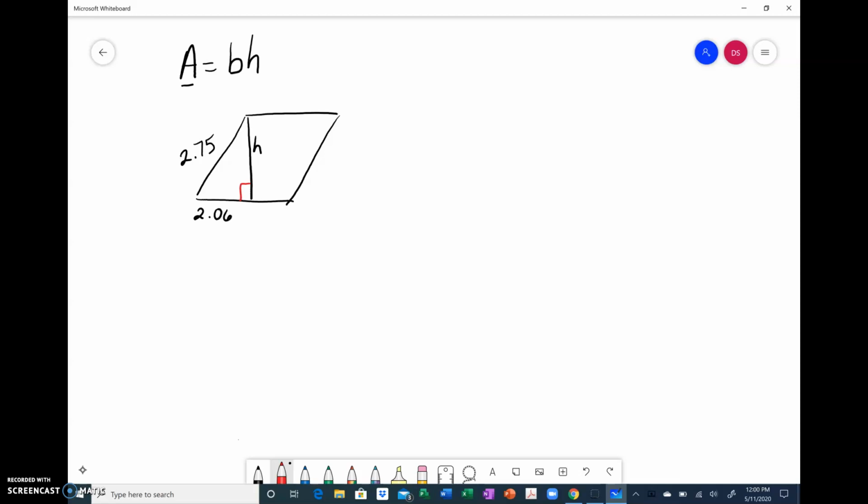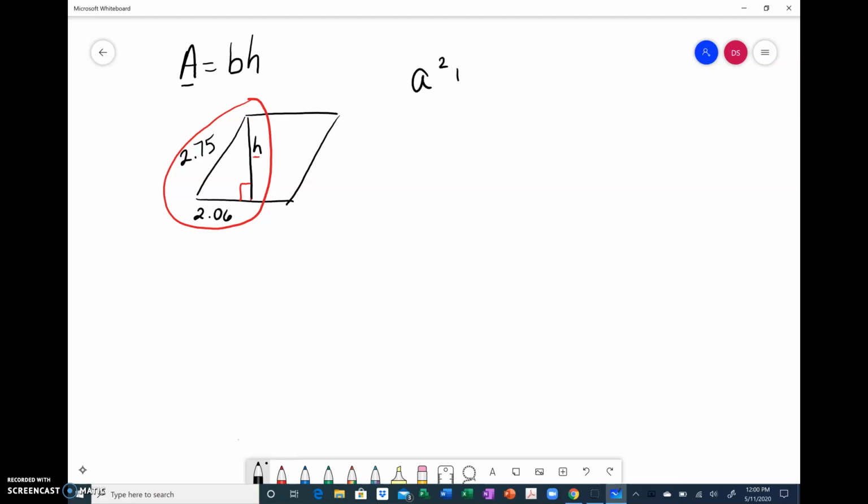So what are we going to do? We are looking for the leg of a triangle. Don't worry about it being a rhombus right now, okay? How do we find the height, which is the leg of this triangle? We use the Pythagorean theorem.